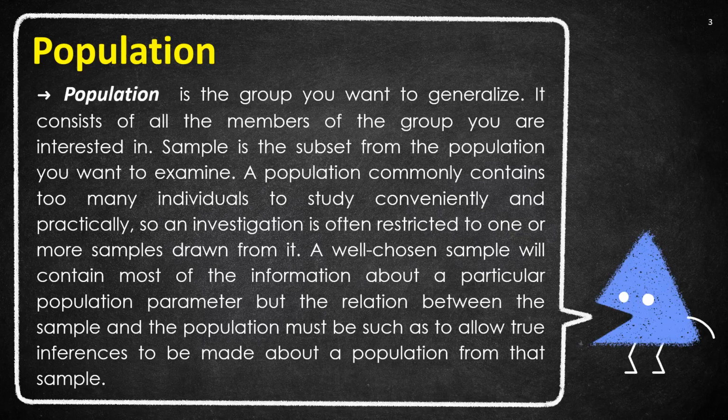A well-chosen sample will contain most of the information about a particular population parameter, but the relation between the sample and the population must be such as to allow true inferences to be made about a population from the sample.